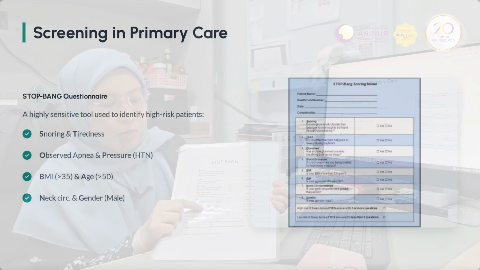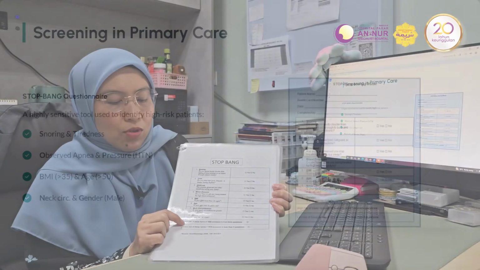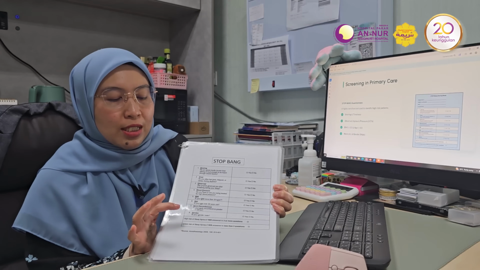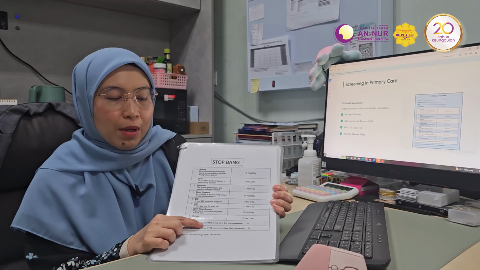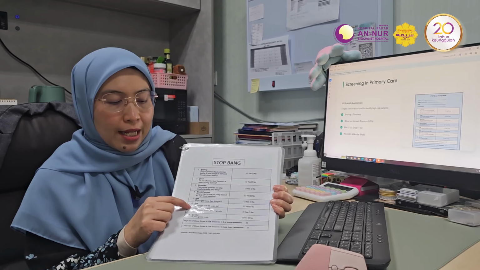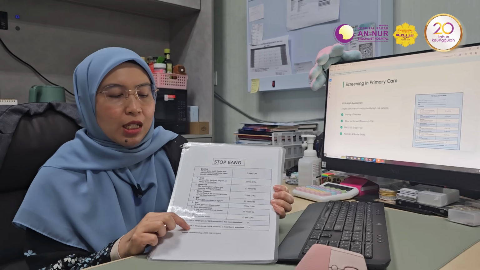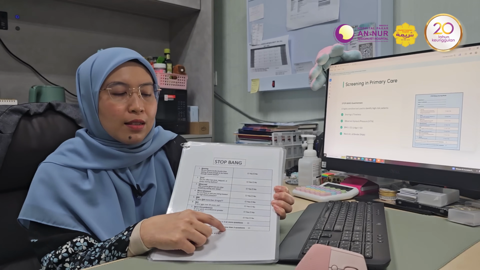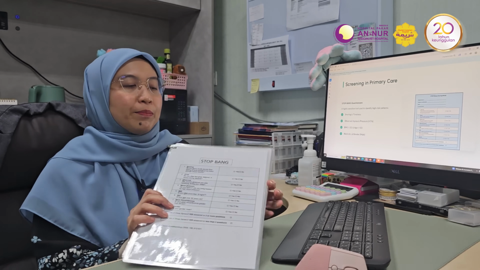Then age: is it more than 50 or less than 50? Seventh, neck circumference: is it greater than 40 centimeters? Gender: is the gender male? The patient is considered high risk of sleep apnea if they answer 3 or more questions yes, and lower risk if they answer less than 3 questions yes.